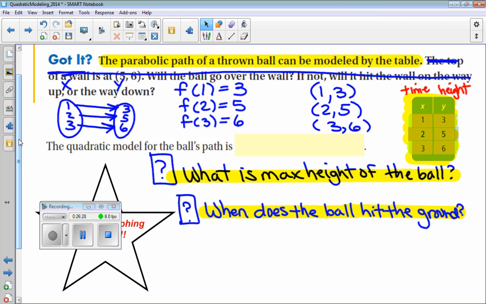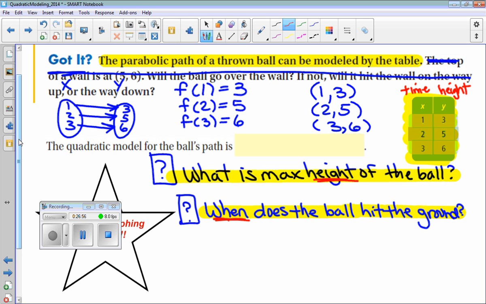So when we're looking for max height, am I looking for an x or a y value? Y, because it's a height. When does the ball hit the ground? Am I looking for an x value or a y value? So height and when are key words. It's important to know what you're looking for. Am I looking for an x? Am I looking for a y?